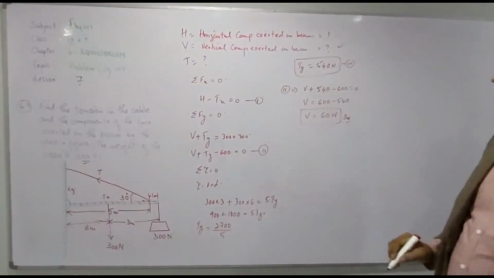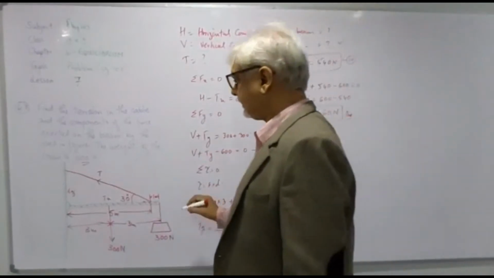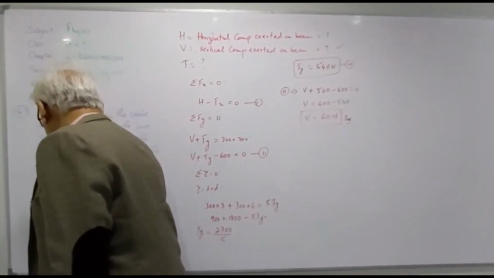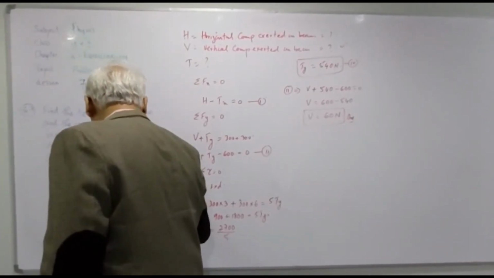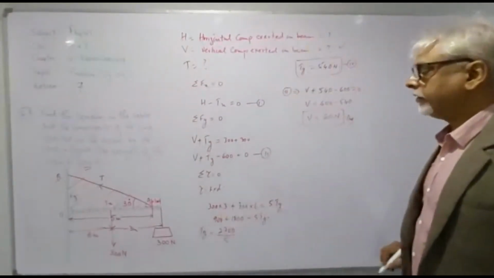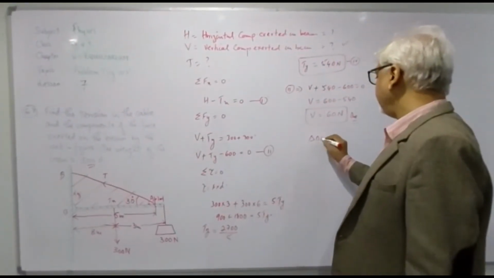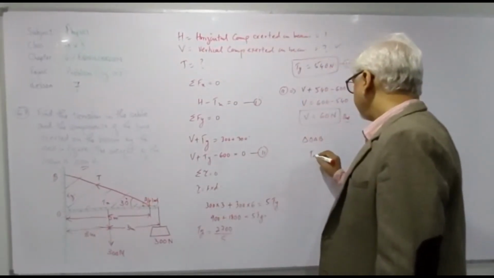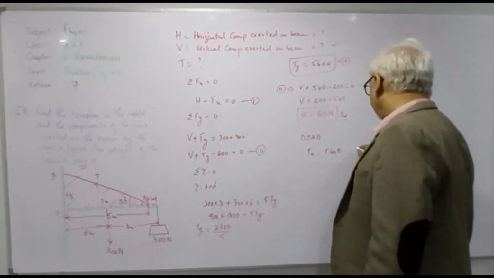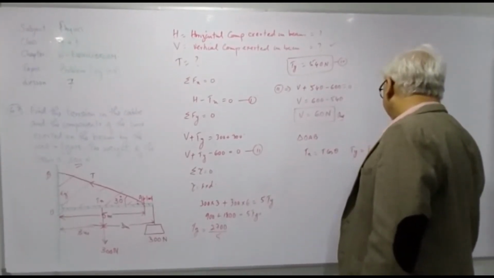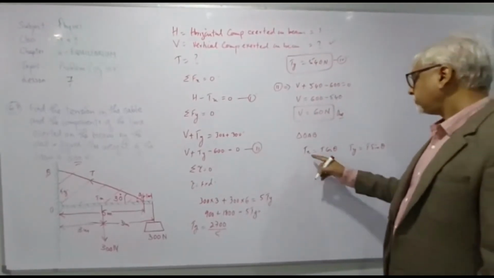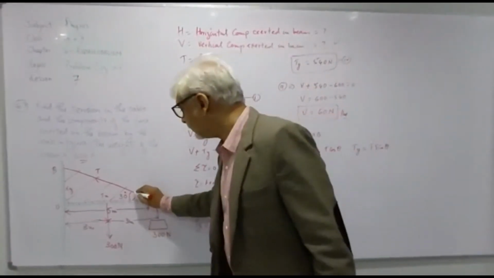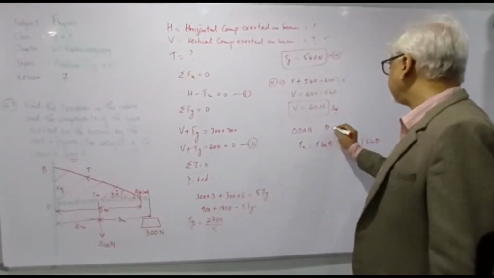Now, in order to calculate the horizontal component Tx, let's solve this using trigonometry. The triangle, let's call this O, this point A and this B. So I'm solving triangle OAB. You know that Tx equals T cos theta and Ty equals T sin theta. We know the value of the angle, theta is 30 degrees.